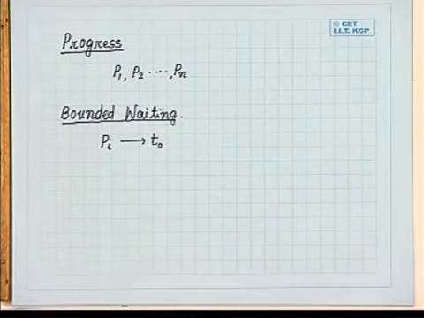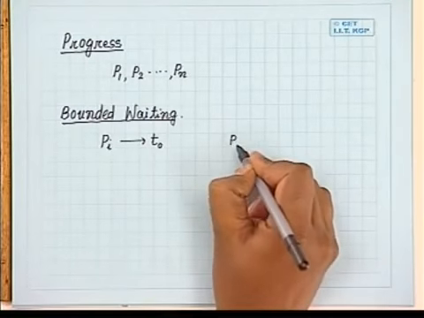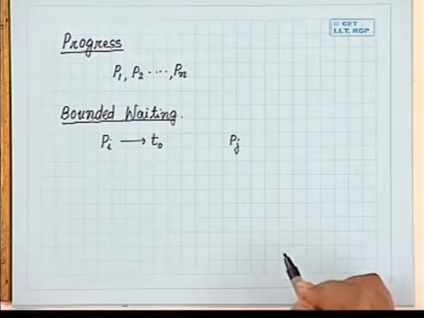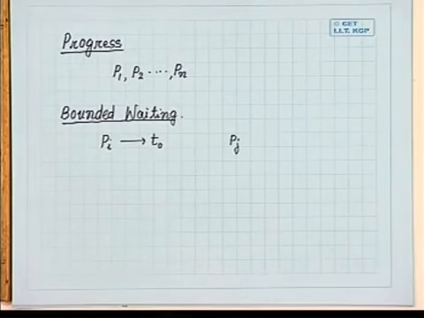So again, the decision has to be made from among those processes who are willing to enter the critical section. Because we have to take a decision at that point, it may so happen that a process Pj, which was earlier executing in the critical section, has come out. Immediately after coming out, it can also put a request for entering the critical section.